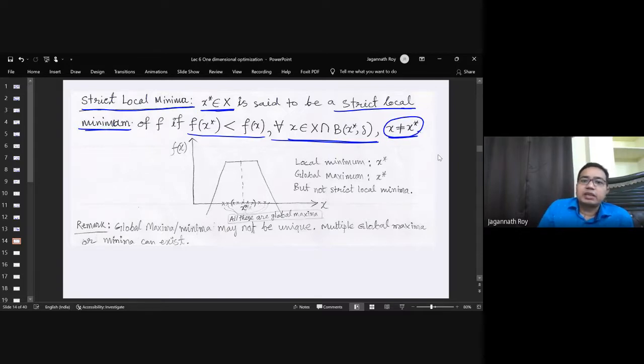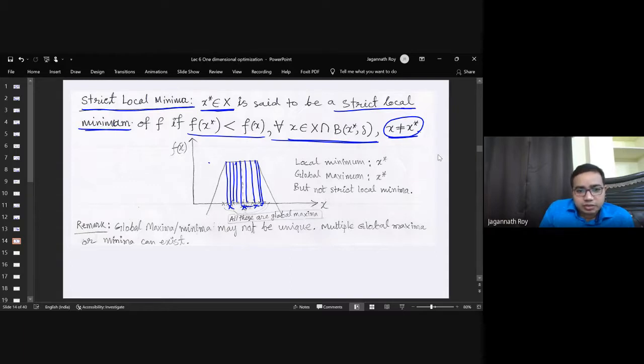But here we can see a special function for which all the points have the same functional value f of x; all these points are actually maximum points.